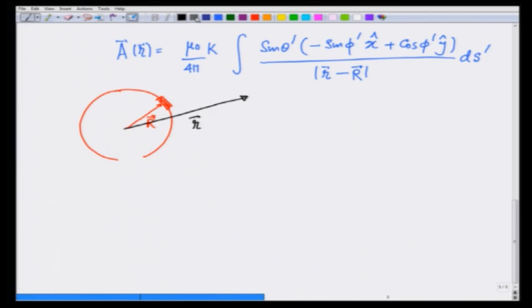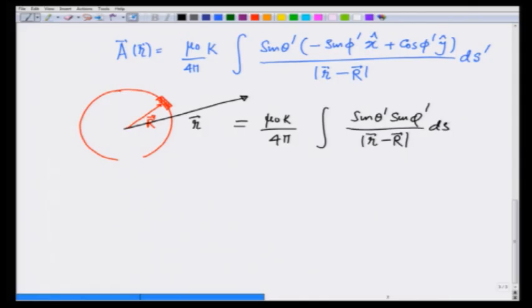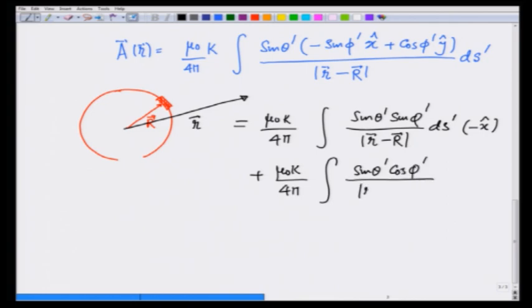So, this becomes equal to mu naught k over 4 pi integration sin theta prime sin phi prime over |r minus R| ds prime in the minus x direction plus mu naught k over 4 pi integration sin theta prime cosine phi prime over |r minus R| ds prime in the y direction.